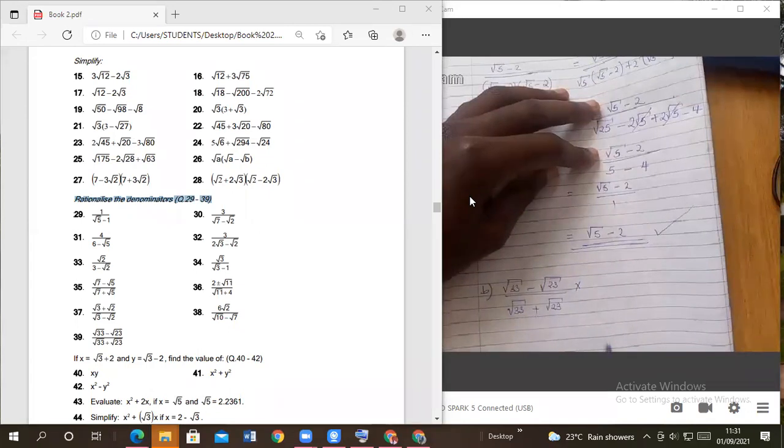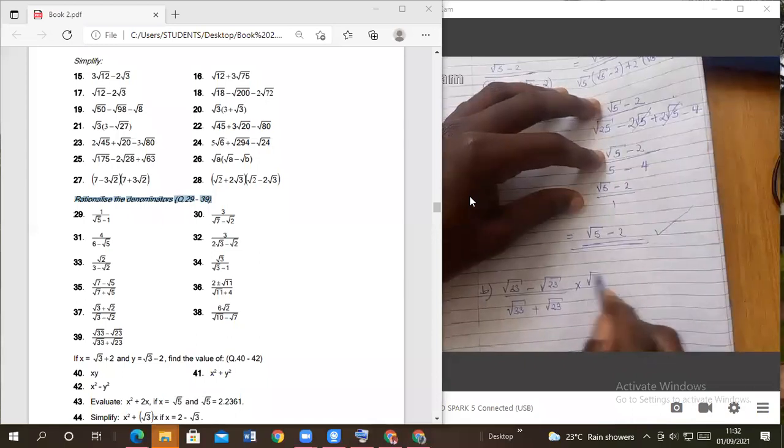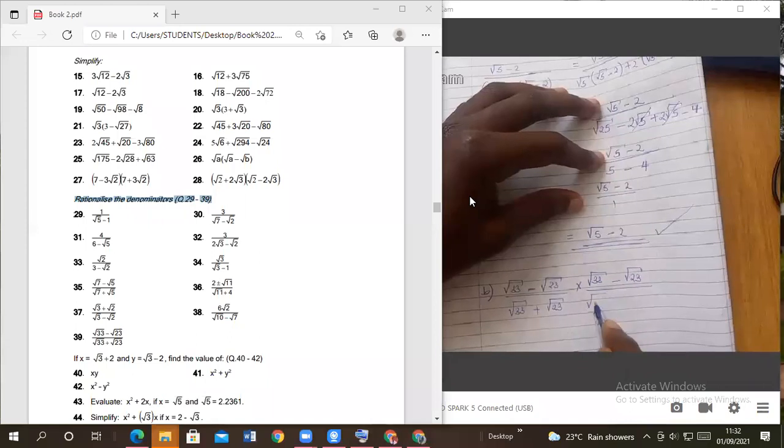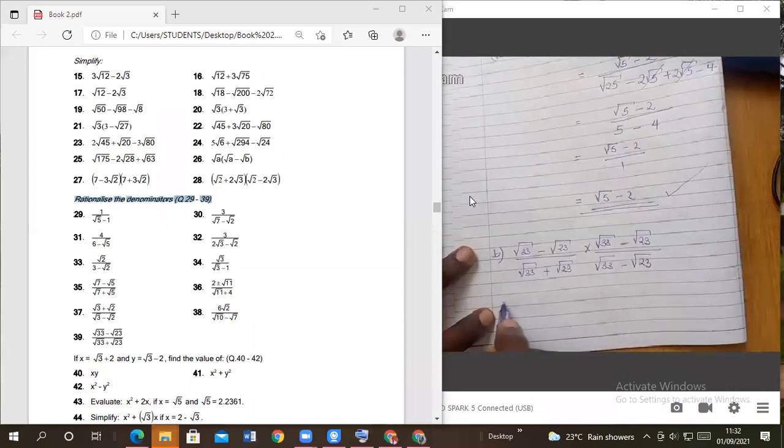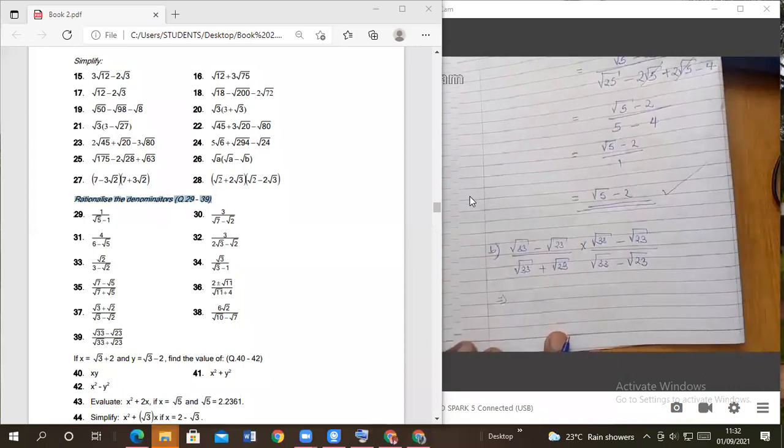What's the conjugate? Members, what is the conjugate? The conjugate will be root of 33 minus root of 23 over root of 33 minus root of 23. What next? The next step is multiplication also.